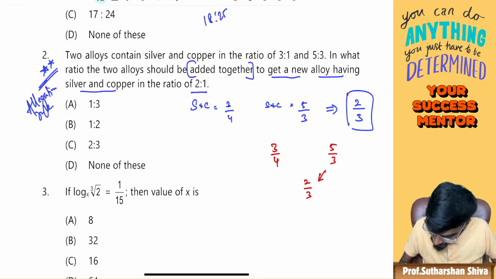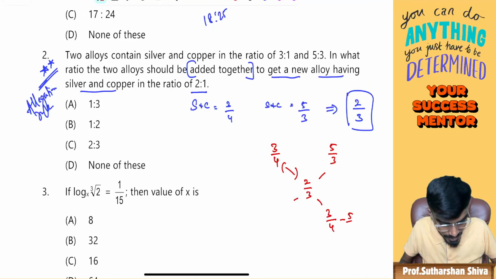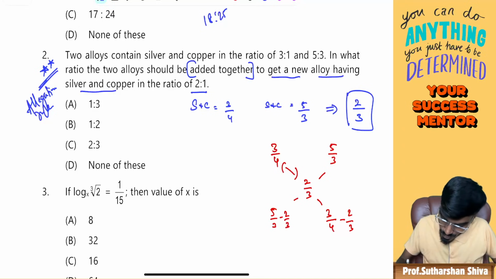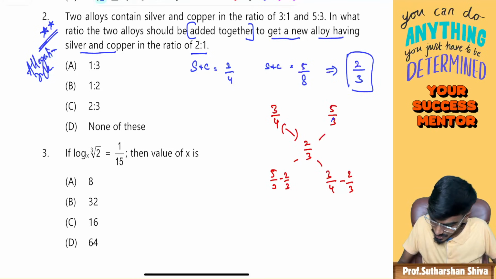From this, we will subtract the values, crosswise. So 3 by 4 minus 2 by 3, and 5 by 3 minus 2 by 3. Sorry, guys. It is 5 by 8. It is also 5 by 8.